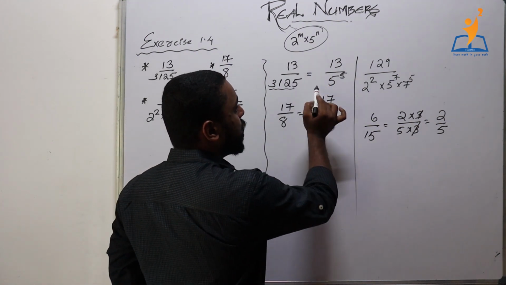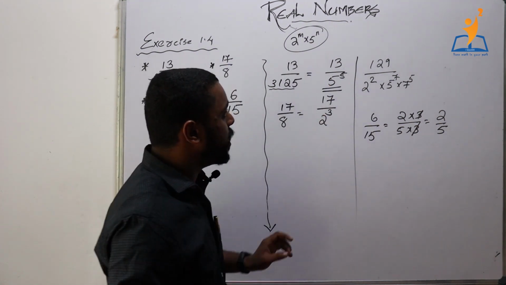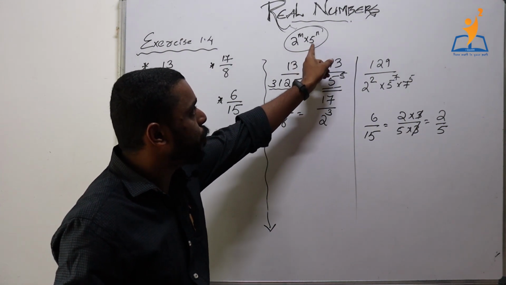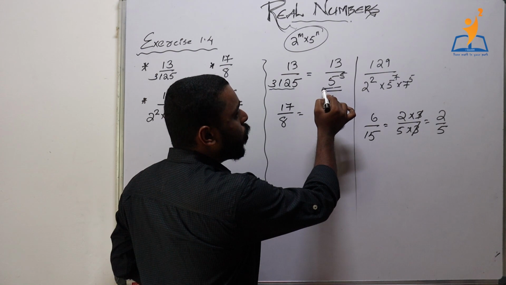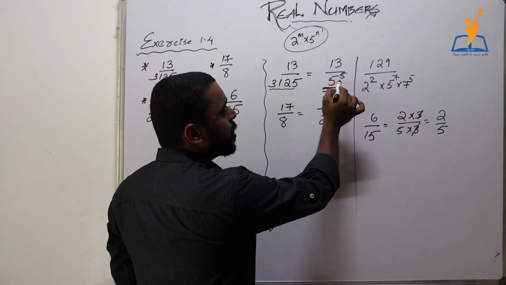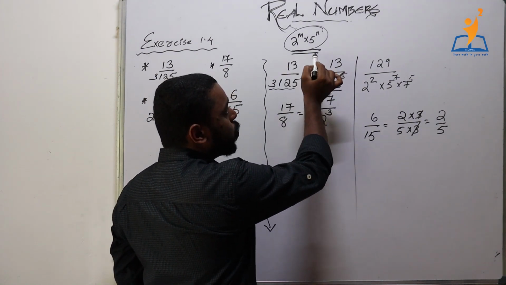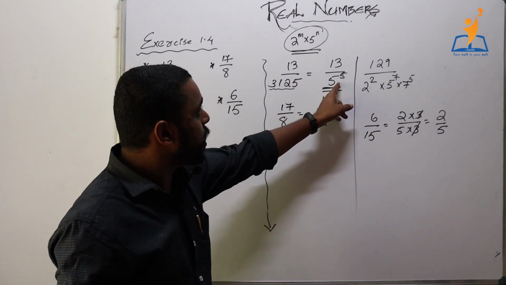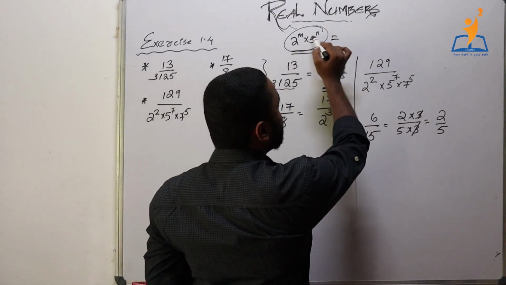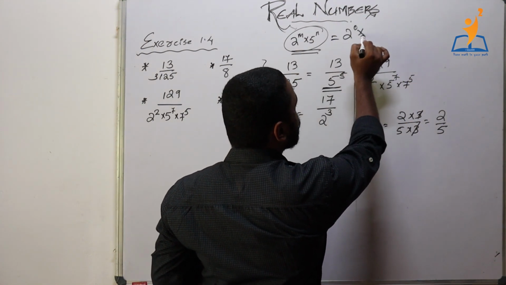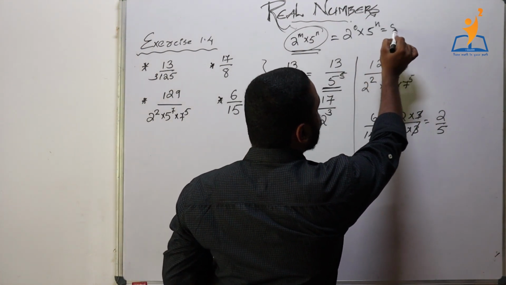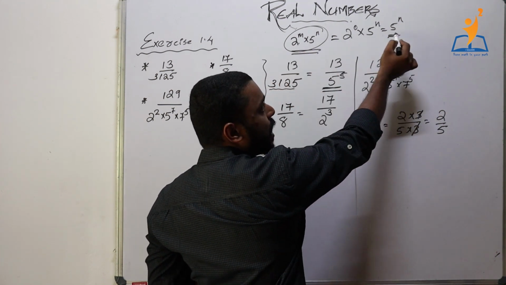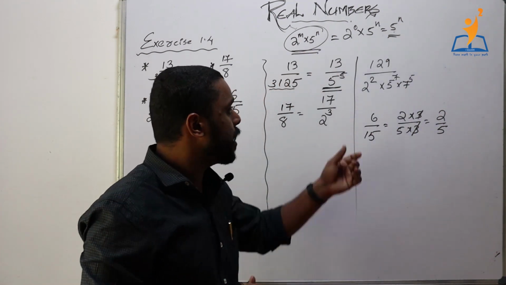So this number is equal to this form, right? And see that the denominator is of the form 2 raised to m into 5 raised to n, since we have only 5 raised to 5. Students, always remember that in 2 raised to m into 5 raised to n, when m equals 0, it becomes 2 raised to 0 into 5 raised to n, which equals 5 raised to n itself. That is, when m equals 0, we can see only the power of 5 in the denominator.